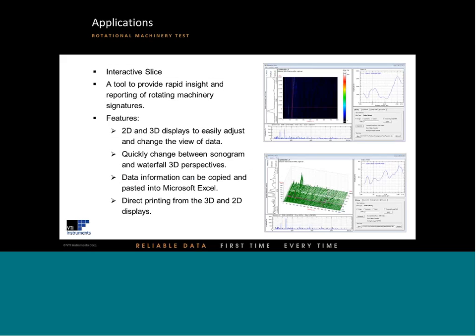One of the key tools for looking at results from rotational machinery is our interactive slice tool. And the views are shown here on the right. At the center of it is a 3D display, which can either be a sonogram, as shown at the top, or a waterfall display. And then you can view slices through this.